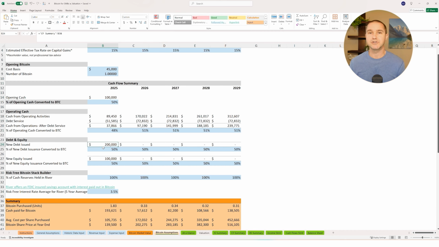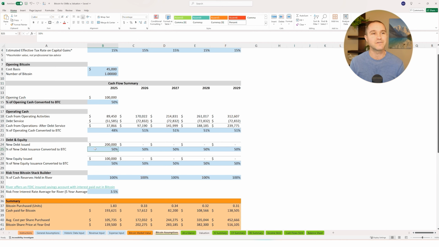You can also issue debt or get loans. As a small business, it's probably not really considered issuing debt. You're not issuing convertible bonds probably, but you might get a business loan. And so if you're able to get a business loan and maybe you are converting some percentage of that to Bitcoin as well. This may be a little less likely for a small business. You're probably not going to be able to go to your local bank and ask for an SBA loan and say that you want to put half of it straight into Bitcoin.